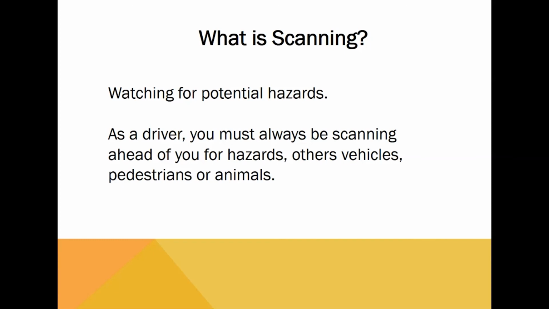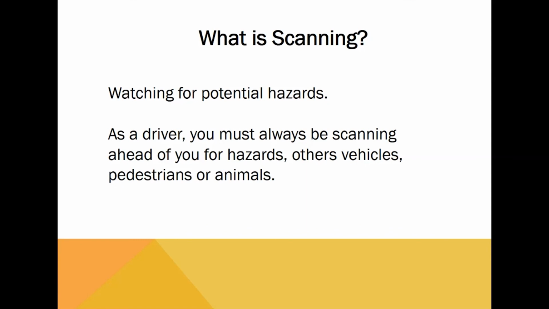You should always be moving your eyes around, checking mirrors, checking up ahead, looking at different signs that are coming up, looking for construction zones, all those sort of things. That involves scanning. You must always be scanning for hazards, for other vehicles, for pedestrians, for wildlife if you're on the highway. So you never want to be just fixated on one single spot.